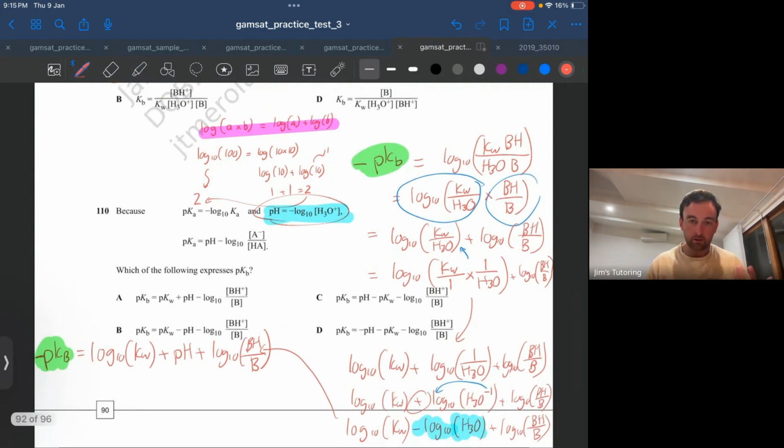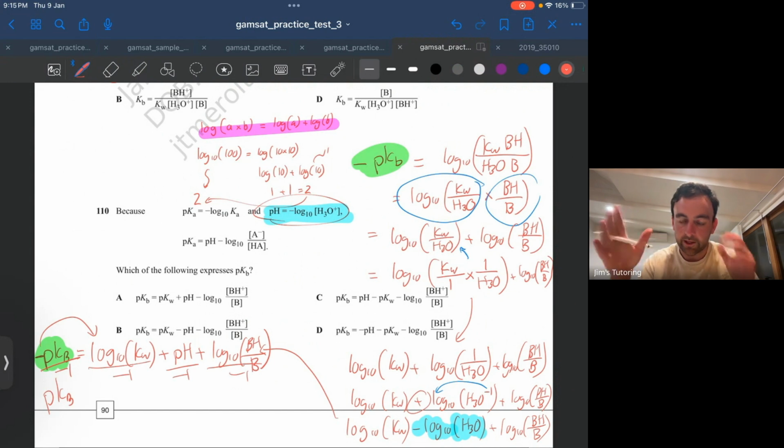Now, everything's looking really good, and I'm thinking I'm really close to an answer now. So now I'm going to bring this negative back over. So pKb, I'm just going to divide everything by -1. When you're adding these terms together, if I divide this by -1, I actually need to divide all these terms by -1.